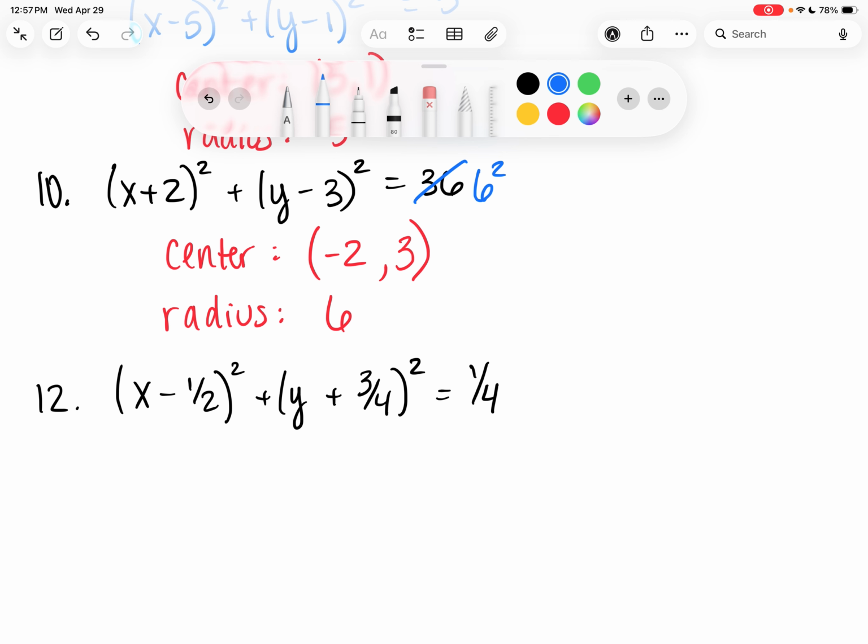So what squared is 1/4? What's the square root of 1? What's the square root of 4? So the square root of 1/4 is 1/2. Now I'm going to put parentheses around it because that tells me that the whole thing's being squared.